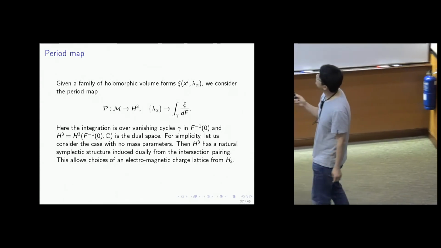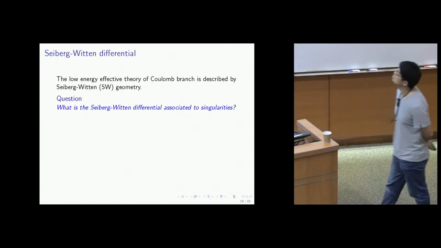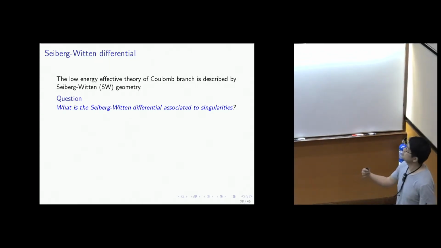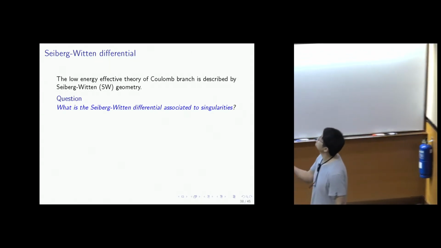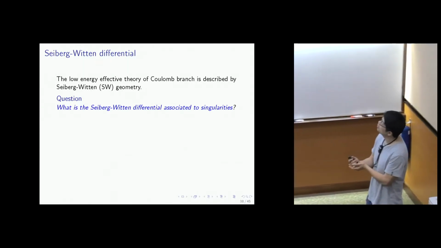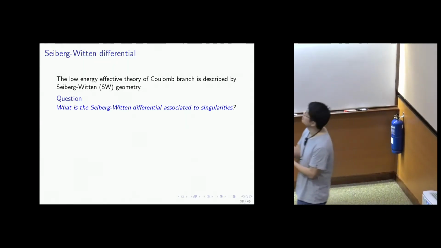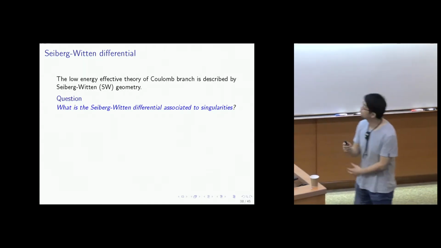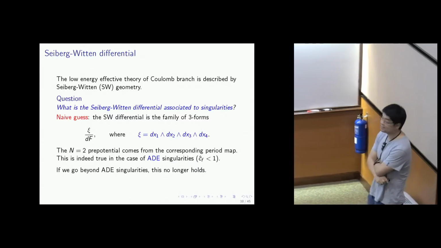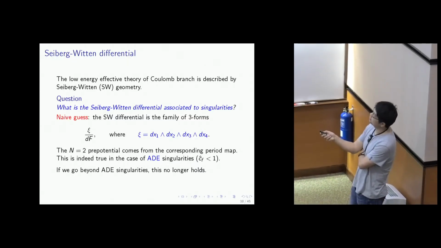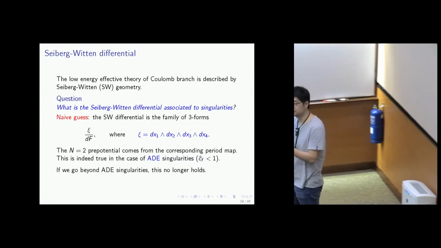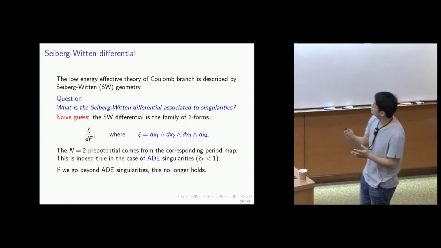Now, here's the basic question. If you believe this construction, this low energy effective theory of the Coulomb branch described by Seiberg-Witten geometry, what is the Seiberg-Witten differential associated to singularities? The naive guess is the following. You need a 3-form anyway if you want to integrate over 3-dimensional vanishing cycles.